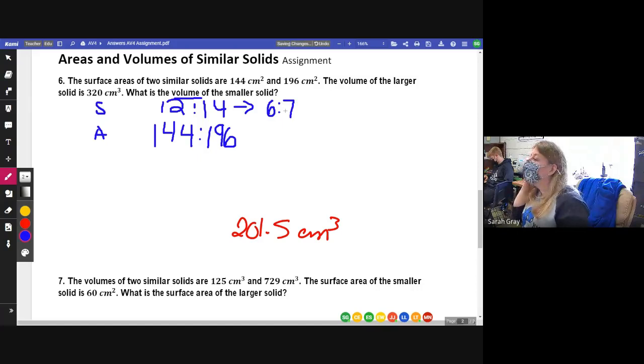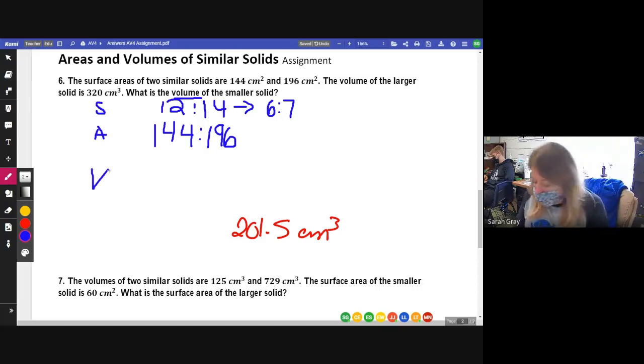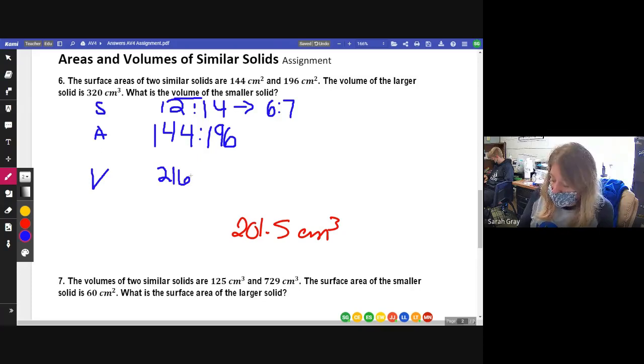If you didn't simplify, you can still get the correct answer. You'll just have larger numbers to divide. And then we need to go down to ratio of volumes. So I need to cube my 6 and cube my 7. If you didn't simplify the 12 to 14, your numbers would be 1,728 and 2,744.